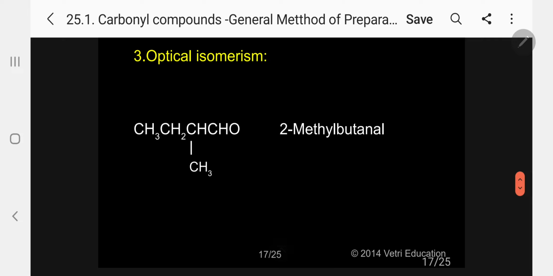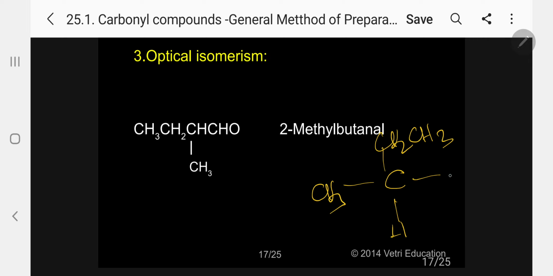Chain and optical isomerism are always possible in all types of organic compounds. As usual, we know the rule we will follow. Generally, in order to predict optical isomerism, always write H below, CH3 on the left and CH2CH3 at the top, and on the right side your functional group, in this case CHO. Kindly follow. This is the corresponding aldehyde, 2-methyl butanal.